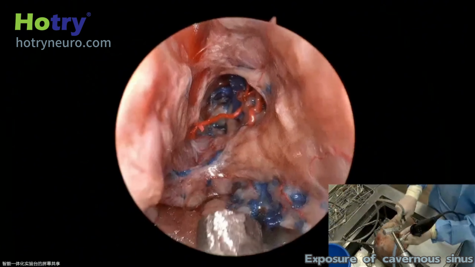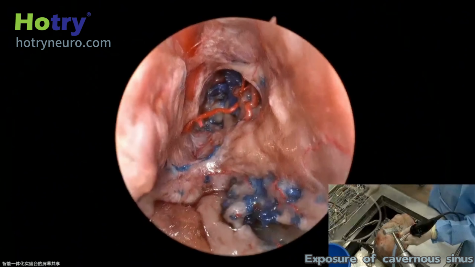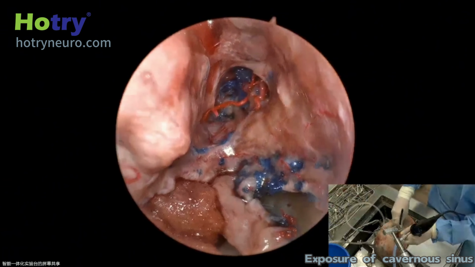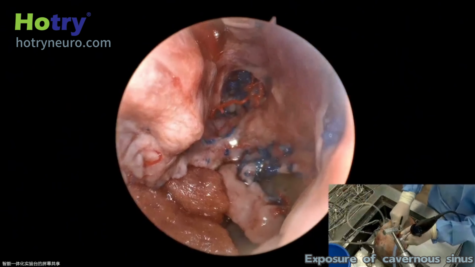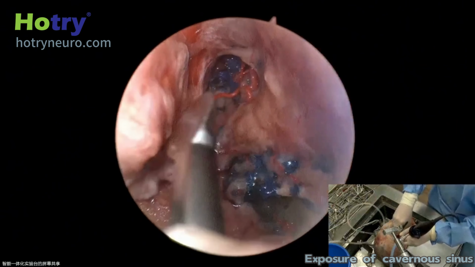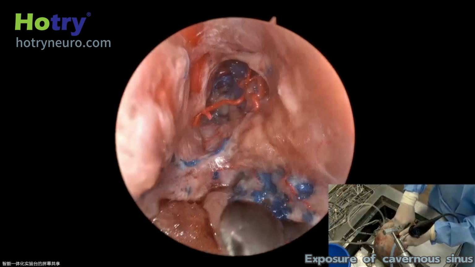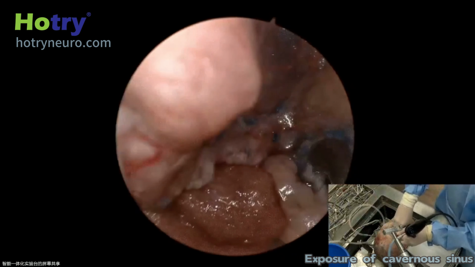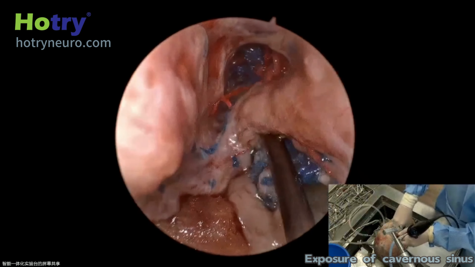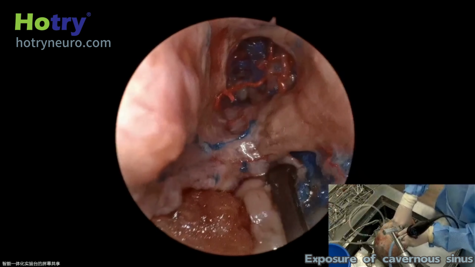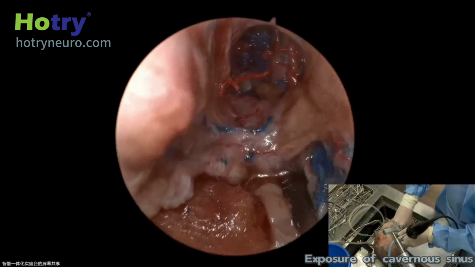The other triangle you can enter is via V1 and V2, especially for cases of trigeminal schwannoma, because the tumor usually extrudes out from between V1 and V2.